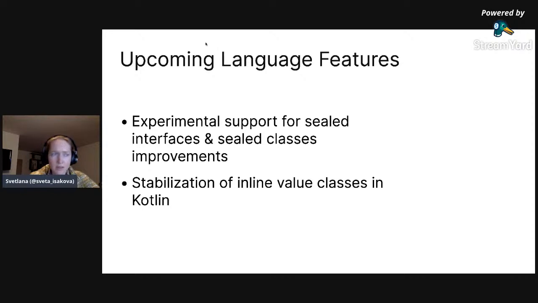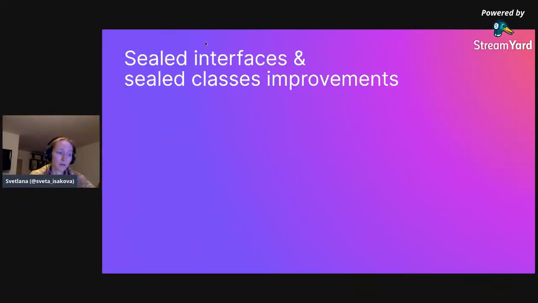They've been available for some time already in experimental mode, but now I will explain why they became a special case of value classes. And these features will be introduced in 1.5, but you can already try them in 1.5 milestone 1 or in 1.4.30 by specifying the 1.5 language version. So let's start.